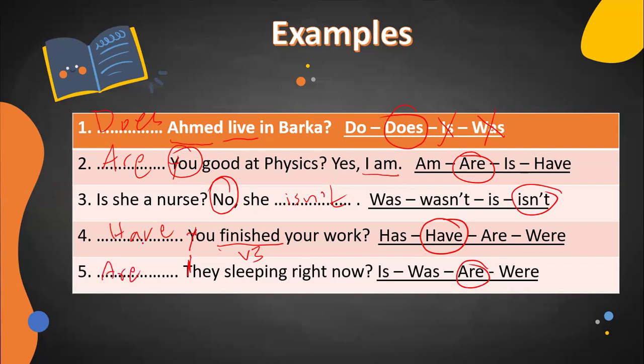Are they sleeping right now? Yes, they are, or no, they aren't. Okay, so again, to form a yes no question, we have to start with the auxiliary verb, then the subject, after that the verb.